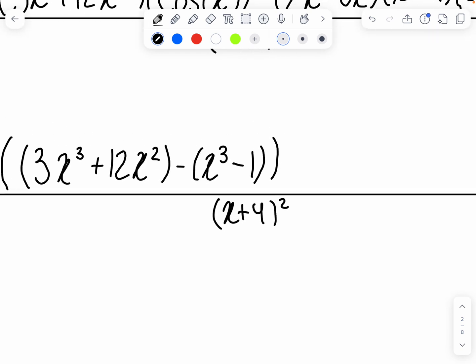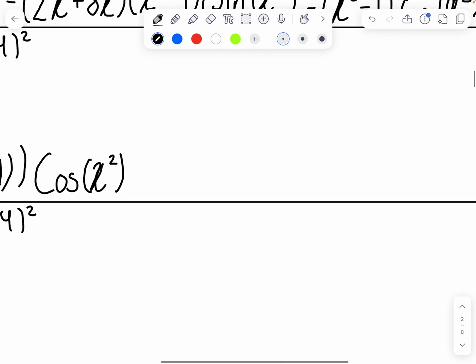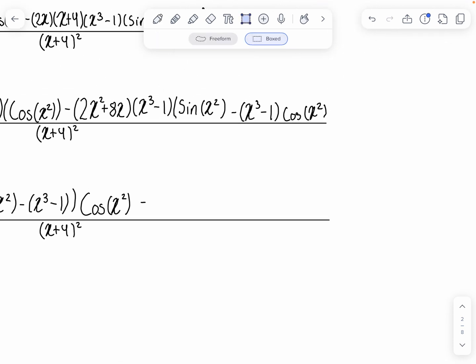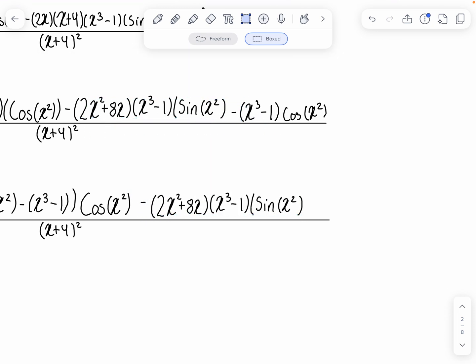And this whole entire thing is multiplied by cos of x squared. And this is getting subtracted by this. Okay.